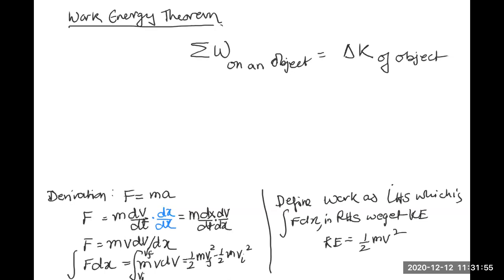Kinetic energy आ कहाँ से रहा है? Where is this kinetic energy coming from? This kinetic energy is coming from the integration of mv dv. So I'm assuming that mass is constant. Okay, and since we are talking about a point particle, this is a good assumption. So work done on an object is equal to the change in kinetic energy of the object. Okay.